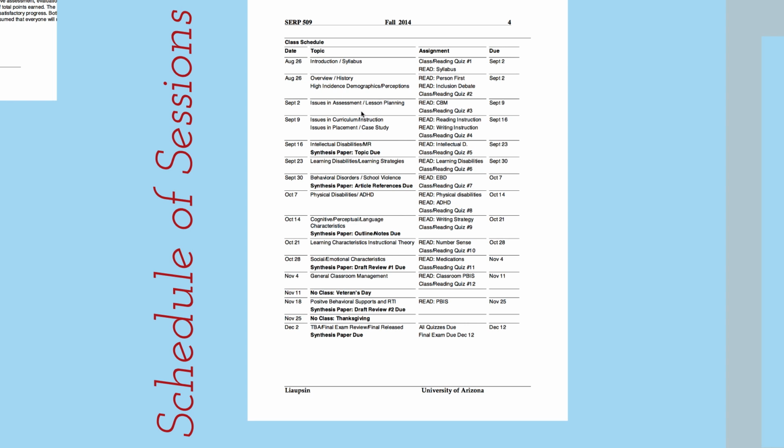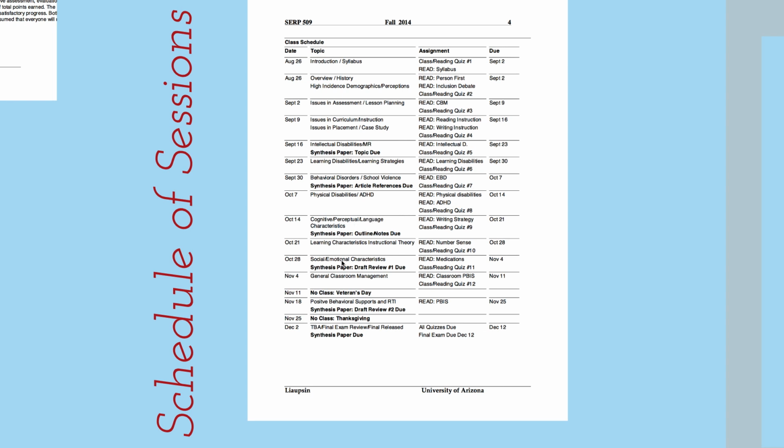We start to talk about some issues of instruction of kids, and then we get to specifics of different categories in IDEA. So intellectual disabilities, learning disabilities, behavioral disorders, physical disabilities.